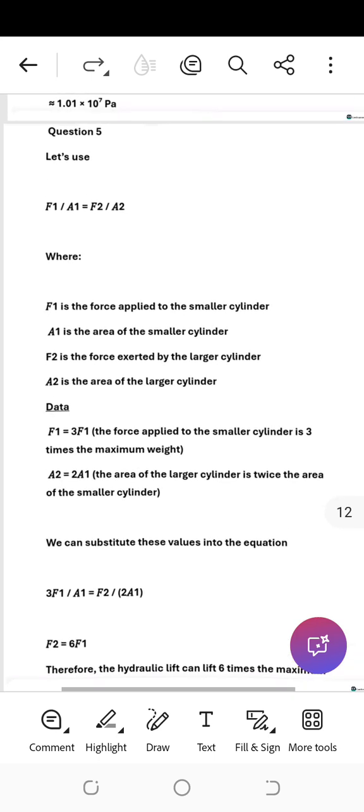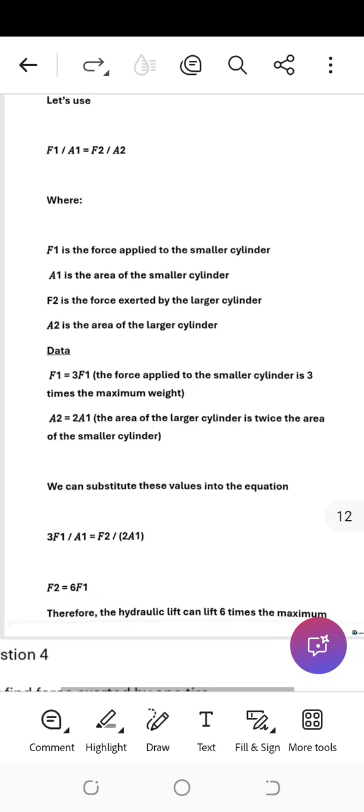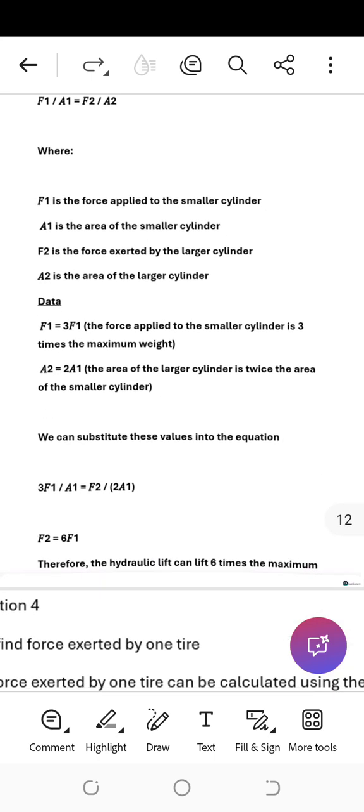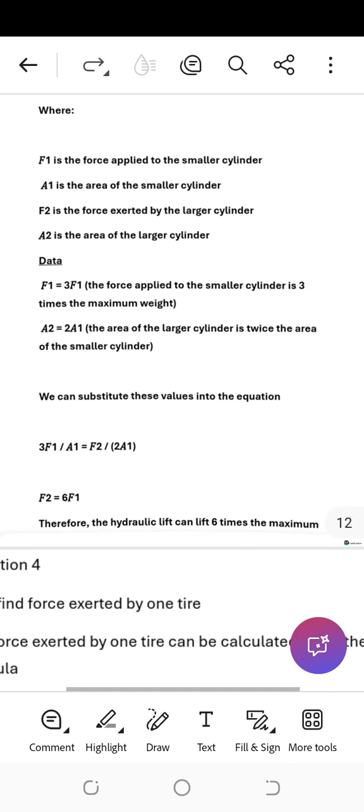So we have F1 over A1 is equal to F2 over A2. F1 is applied to the smaller cylinder, A1 is the smaller area, F2 is bigger, and A2 is the bigger area.